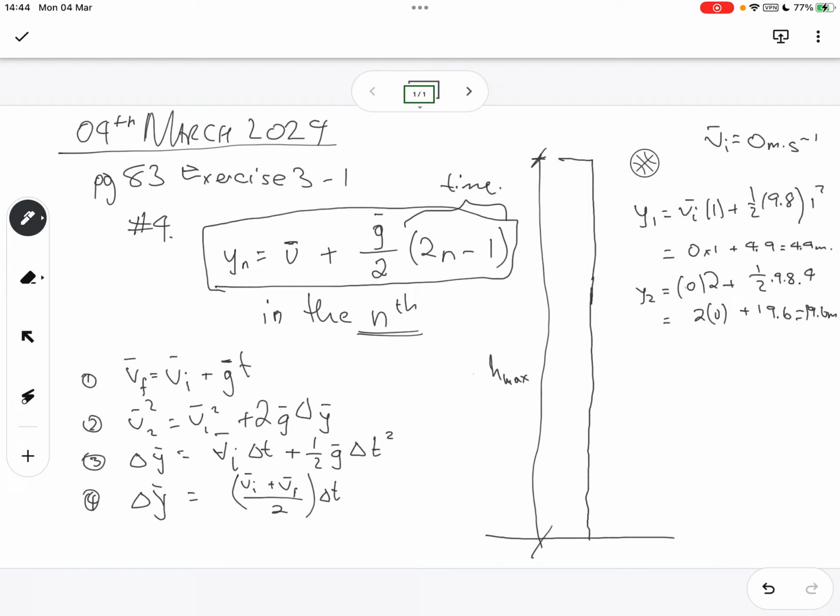This would be 0.6 meters. Let's see. 2n minus 1 equals 2.